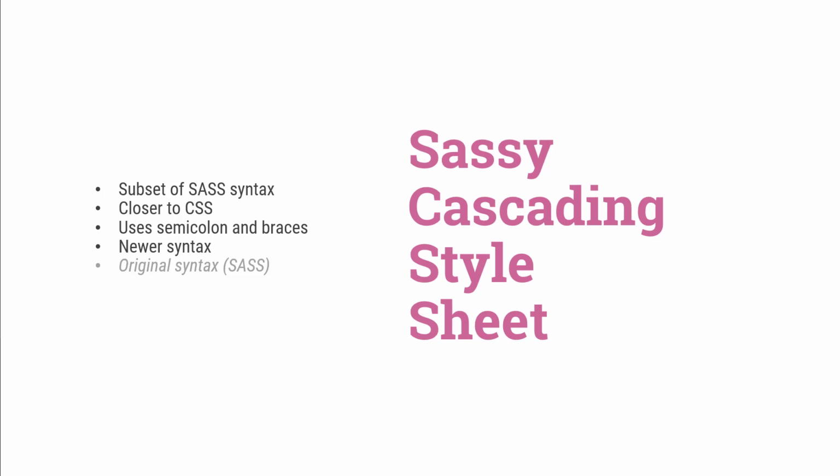So para mawala yung confusion natin, SASS and SCSS are based dun sa CSS. So the major difference between SCSS and SASS file is yung paggamit ng semicolon. SASS doesn't use semicolon. On the other hand, SCSS uses semicolon and braces.